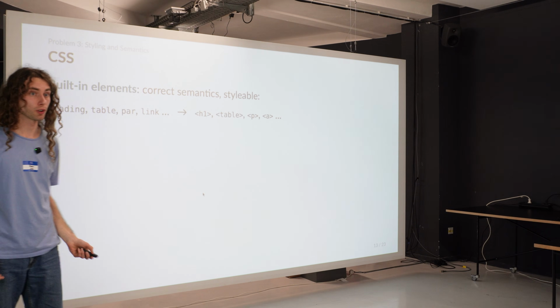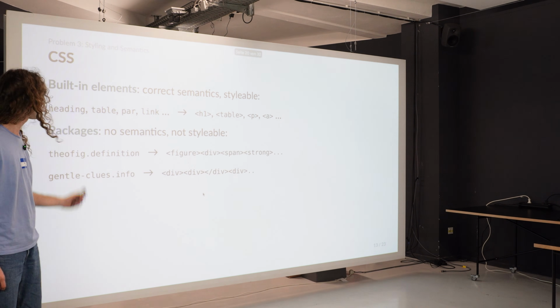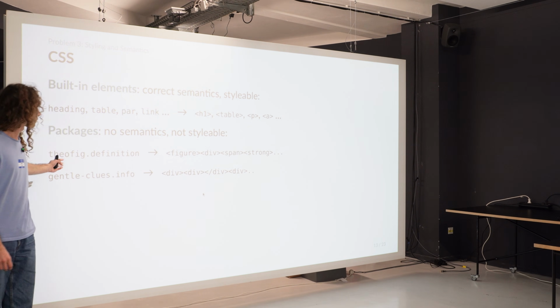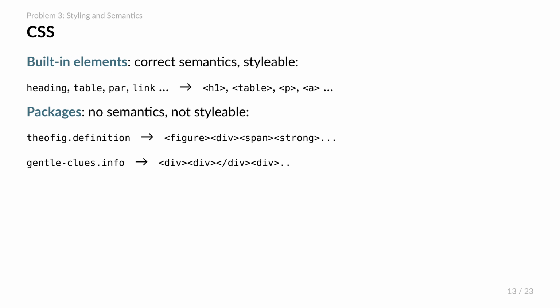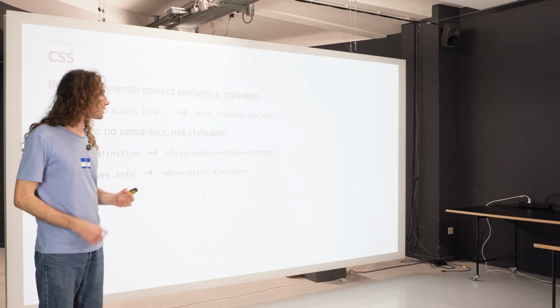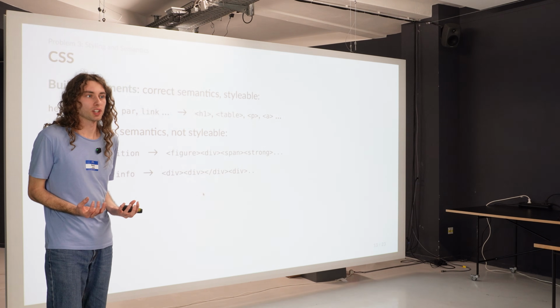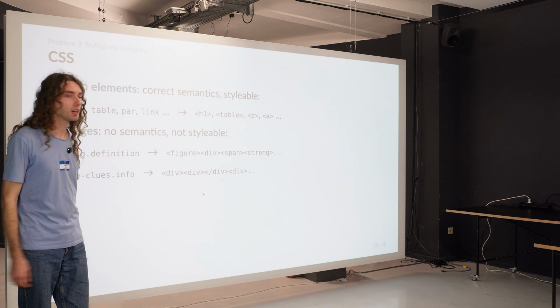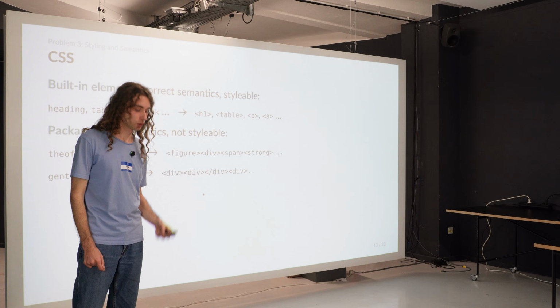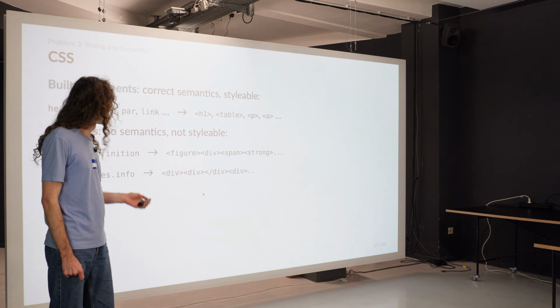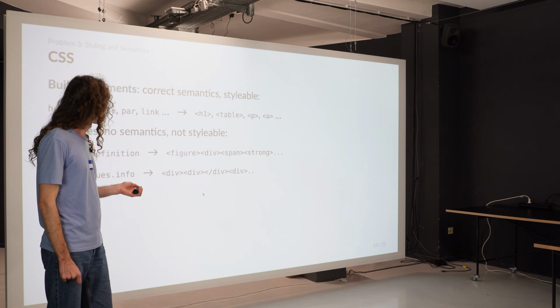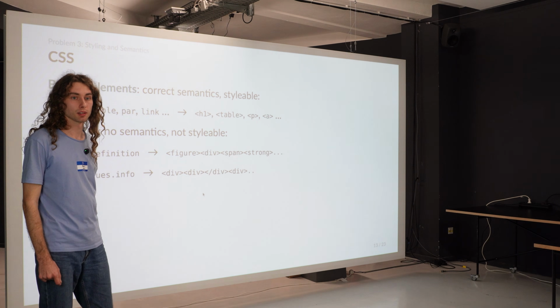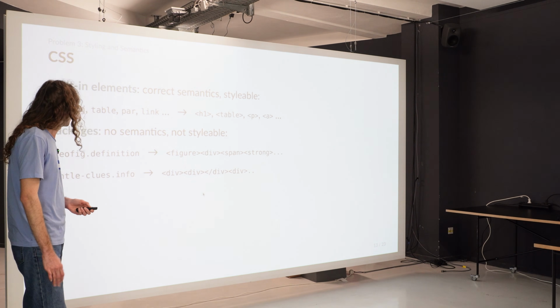But this is not the same for content produced by packages, because, just taking a few examples, this code results in a lot of divs, which is basically just a block in HTML, a lot of spans, and this carries no meaning. It's just a general element, just a general block, and this does not help with styling. So you can't really apply styling to an HTML document like that.